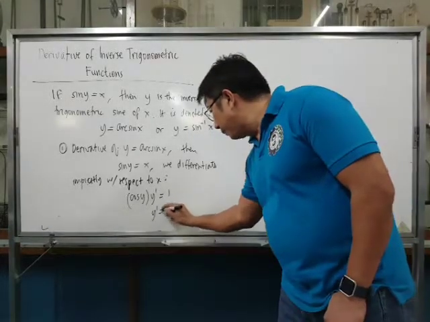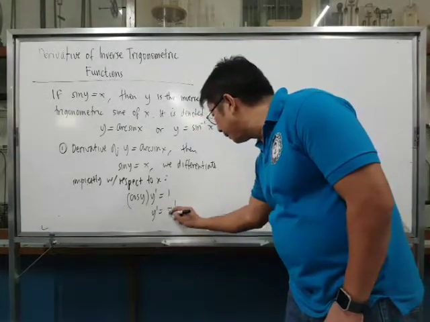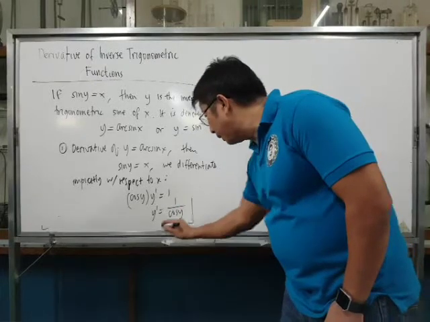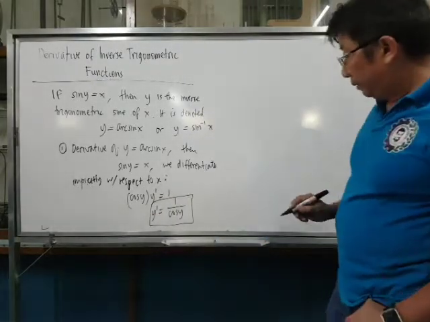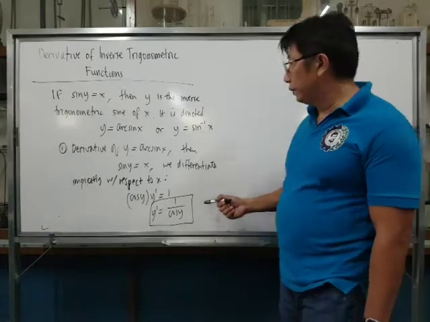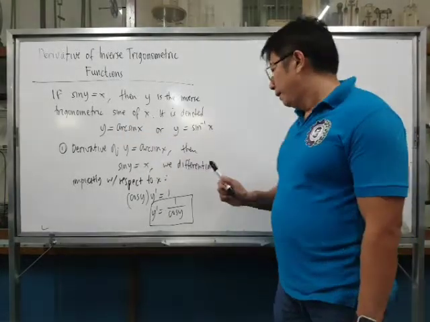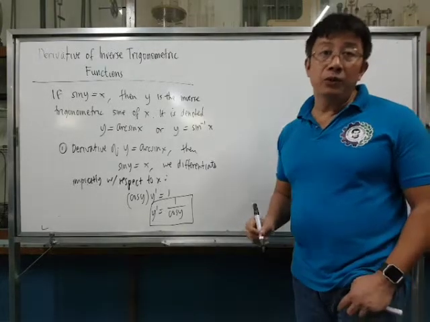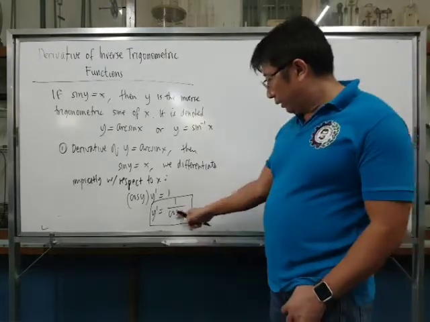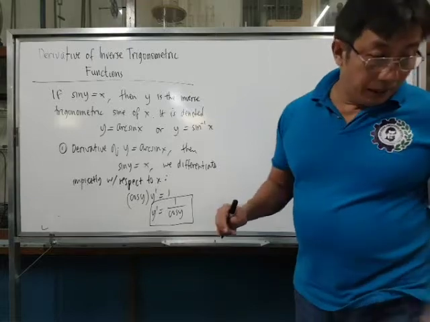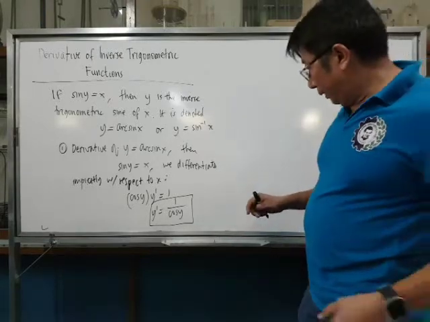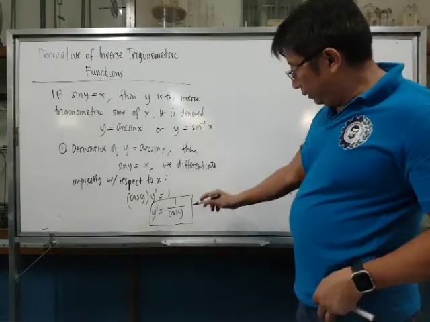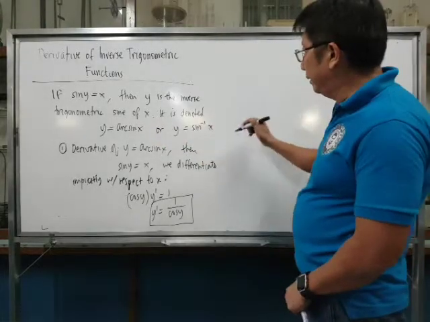Solving for y prime, y prime is 1 divided by cosine of y. But this will be improper because originally y is a function of x, so our answer should also be a function of x. To do that, we can use some identities in trigonometry, or we can simply use the right triangle.